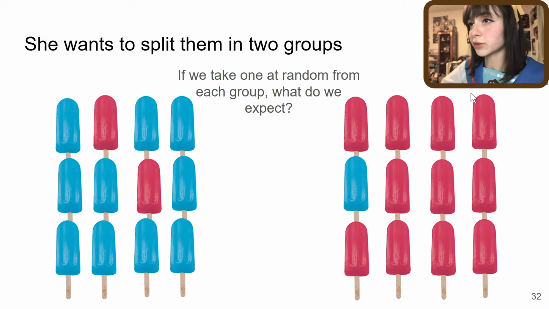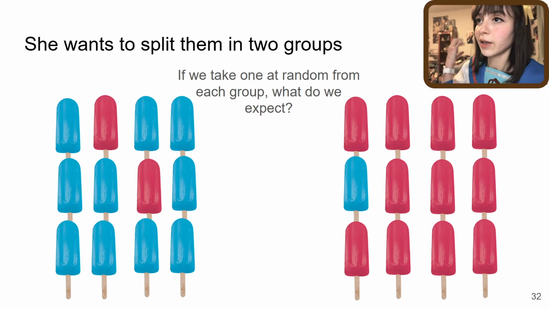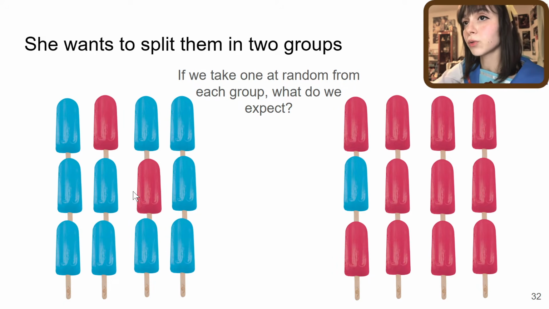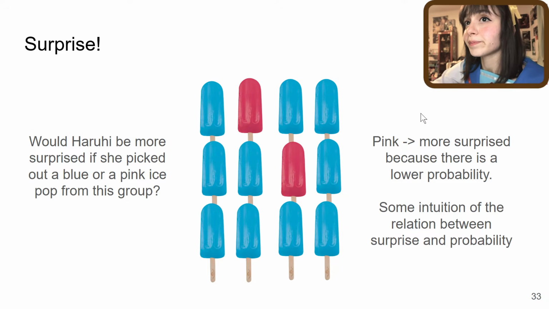So this gives a little bit of an intuition of how surprised I would be if I take something from one group and what I believe is the most likely outcome is what I end up getting. If I get a blue one from this group, I would not be very surprised. But if I got a pink one from this group, I would be pretty surprised because there are not a lot of them. So this has to do with surprise.